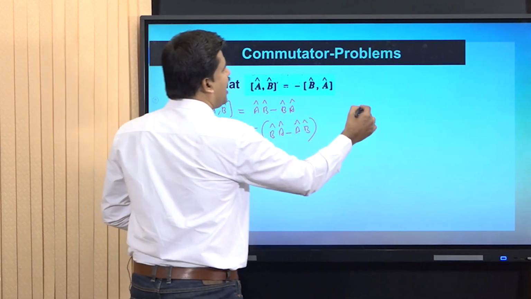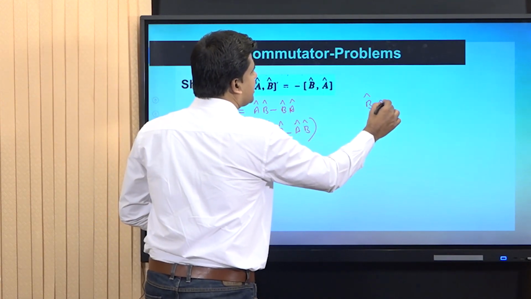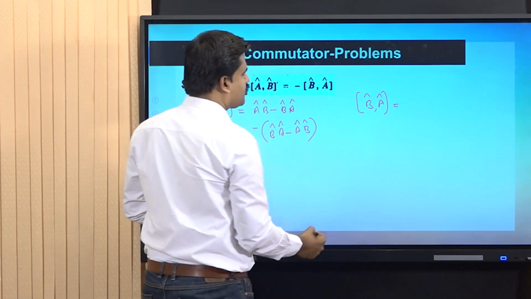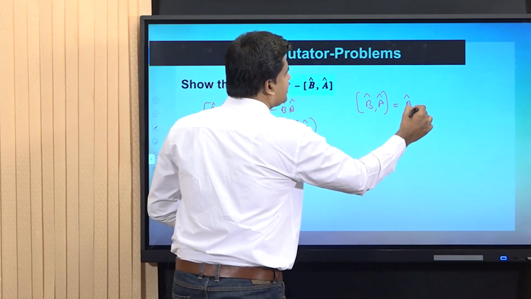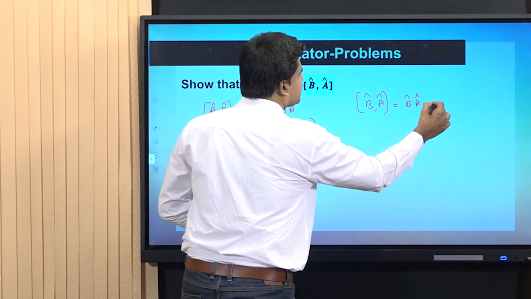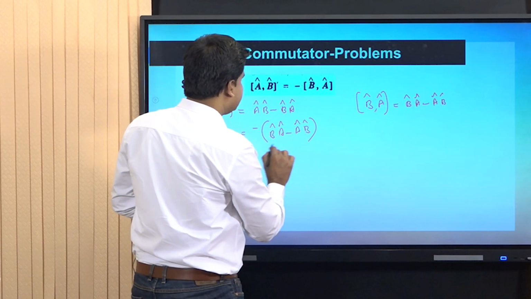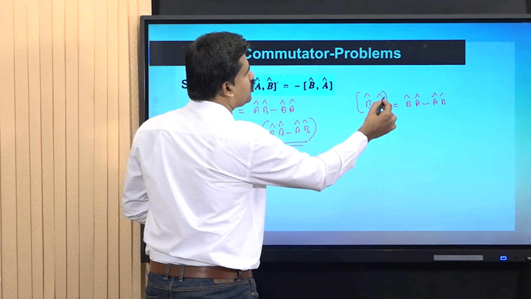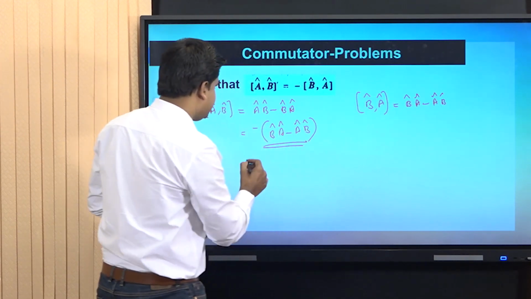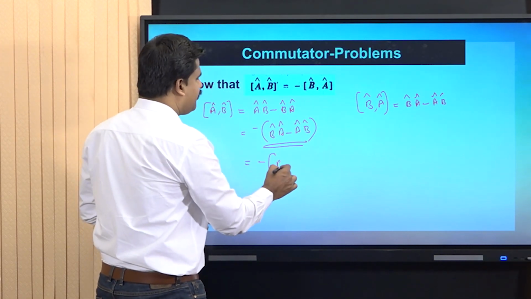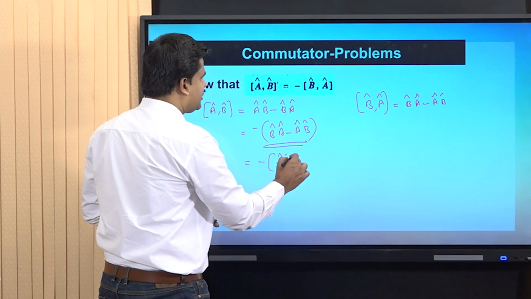Now, what will be the commutator of B hat A hat? It will be equal to B hat A hat minus A hat B hat. So this result is equal to the commutator of B hat A hat. Therefore, minus the commutator of B hat A hat.